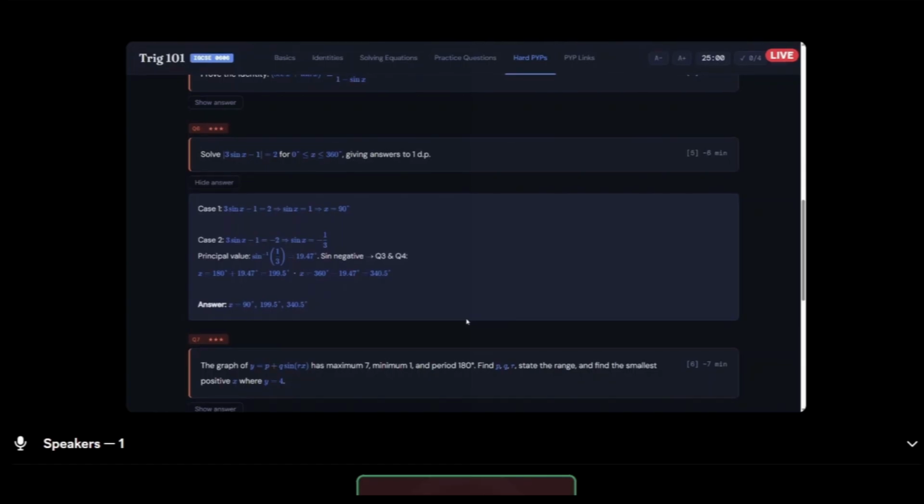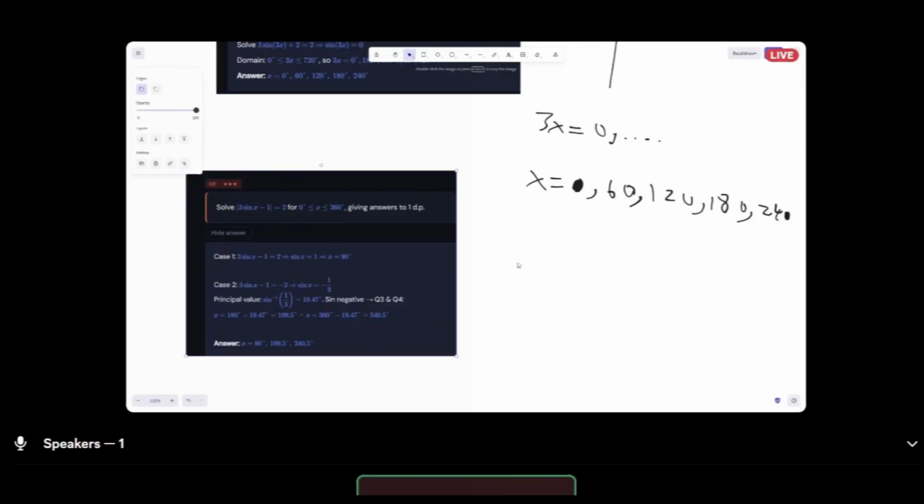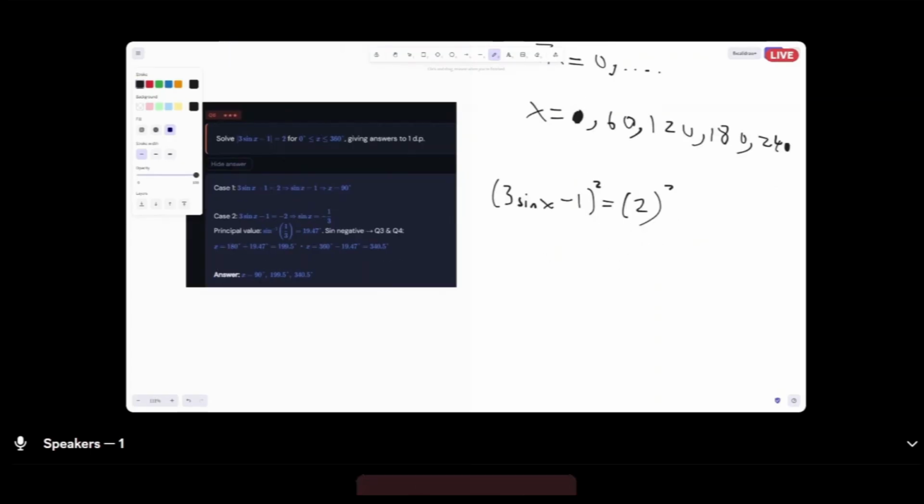I'll try to show the quadratic way right now because I think you can also do it that way. So if we square both sides, if you forgot what modulus means, just square both sides. Square, square.